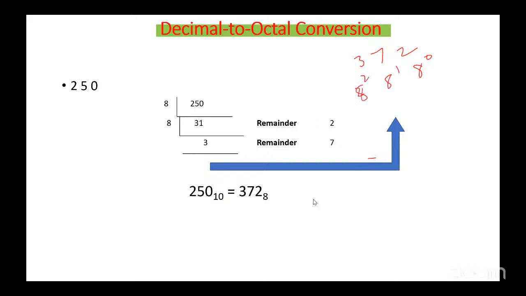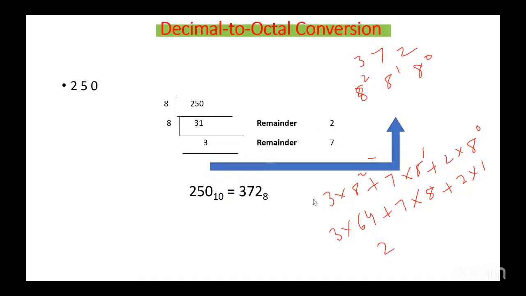3 into 8 square plus 7 into 8 plus 2. 64 threes are 192.